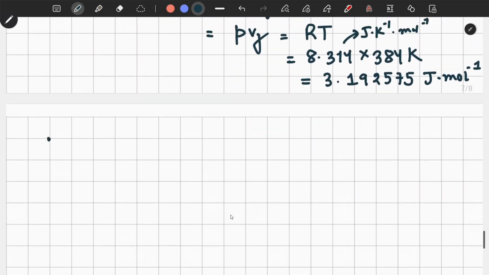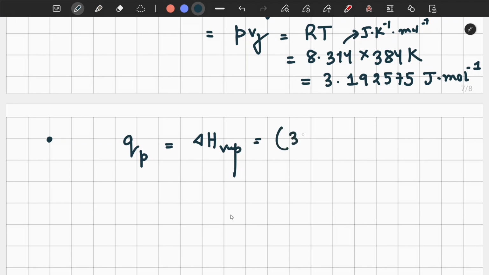Now they have asked Q. This is a constant pressure process, correct? For a constant pressure process, Qp is actually del H. So del H for vaporization you already know, that is given: 363.3 joule per gram. But now you have to multiply by the grams.